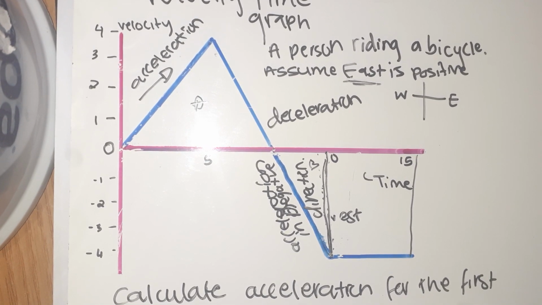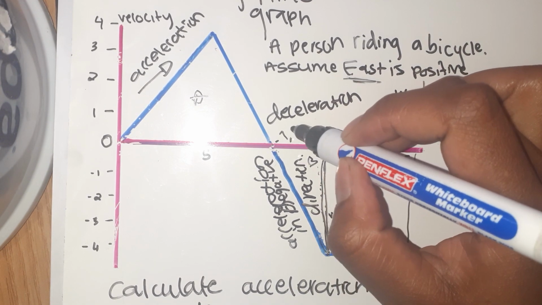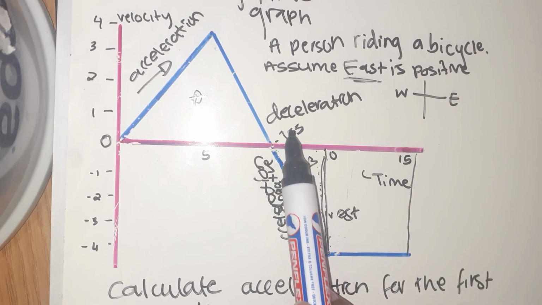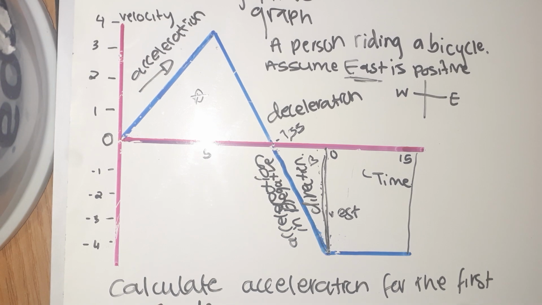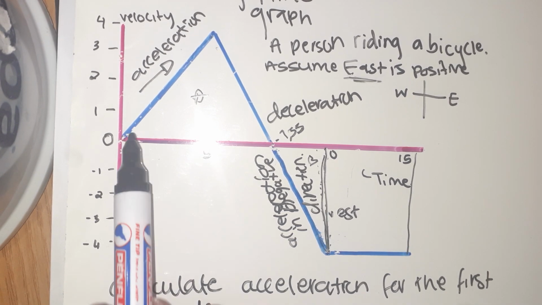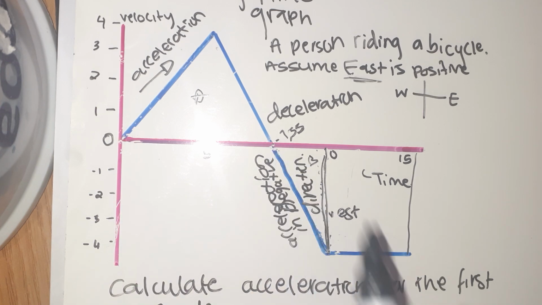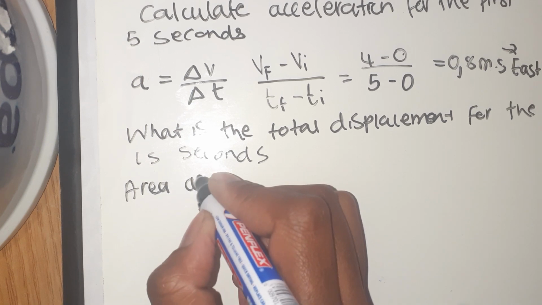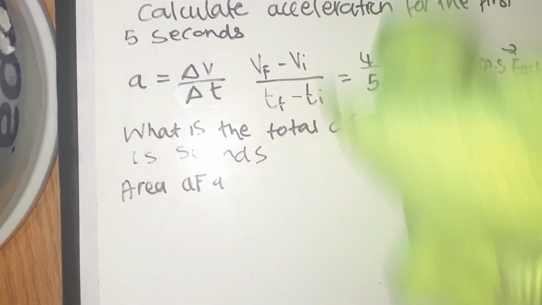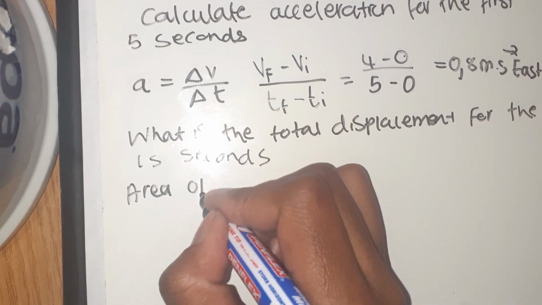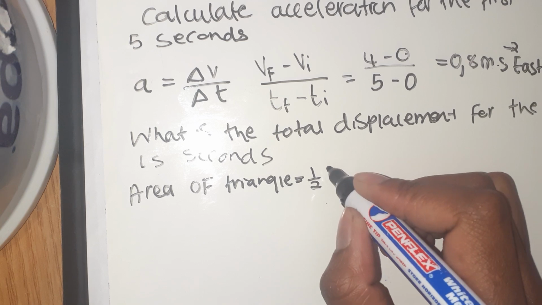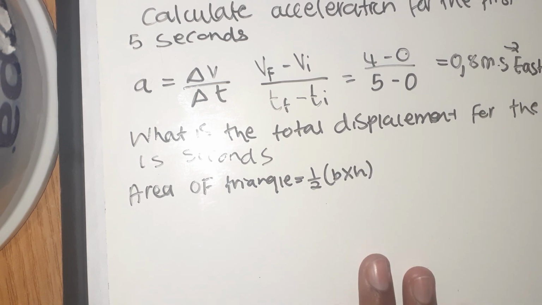So we are going to start with the area of this triangle. Or they can give you this or show you how to calculate it. Area of a triangle equals 1/2 times breadth times height.